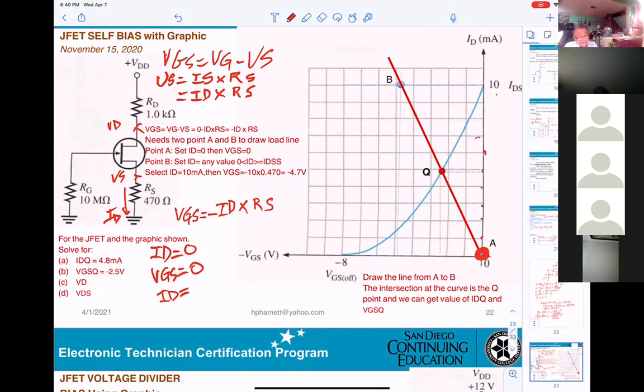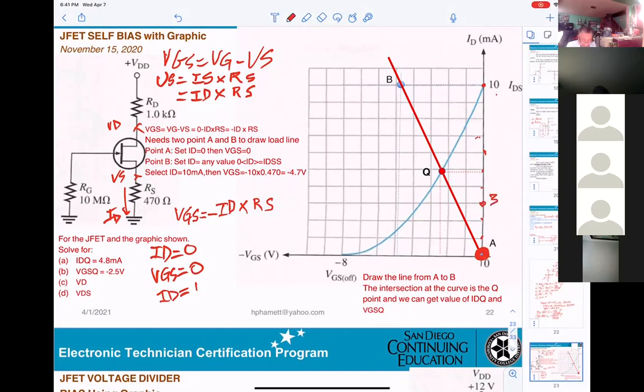It must be less than IDSS. So I can take ID equal 10. Now we can pick any point here: 1, 2, 3, up to 10. If I pick 3.